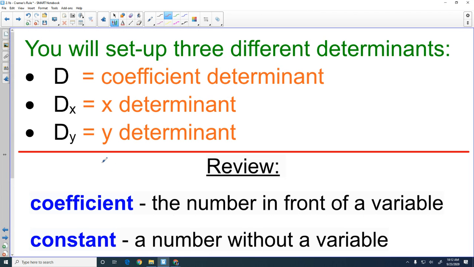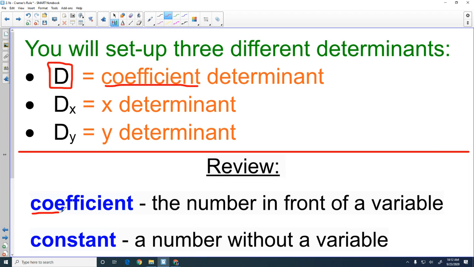Now we're going to set up three different determinants, as I mentioned earlier. I'm going to represent these with a D, a D sub x, and a D sub y. When I say sub, it means a subscript, where it's written down a little bit and to the right. The first type of determinant we call is the coefficient determinant. This word coefficient, you've probably heard me use a few times.